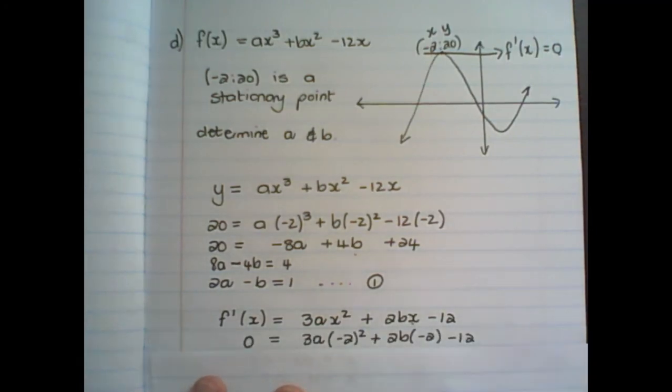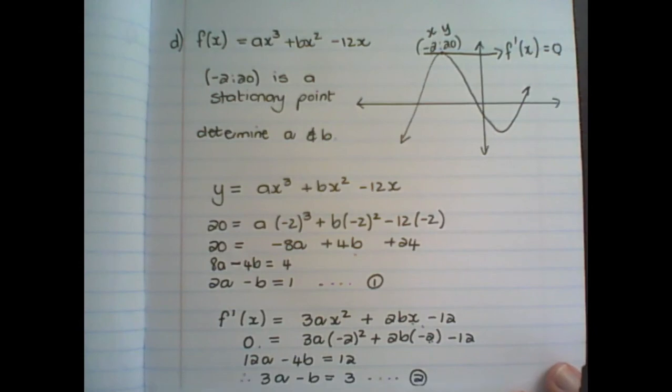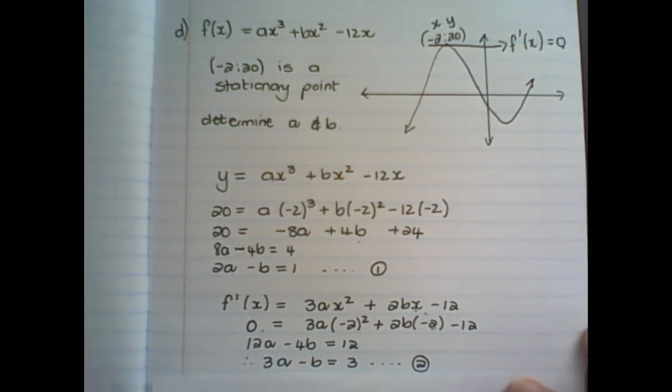And I know that it is 0, so the gradient is 0, where x is equal to -2. So I replace x with -2. I multiply out, so I have 12a minus 4b is equal to 12. And I can also divide everywhere by 4. So I have 3a minus b is equal to 3.